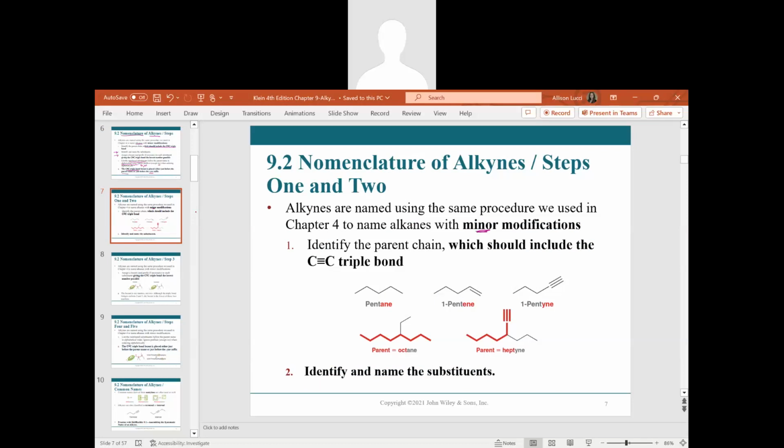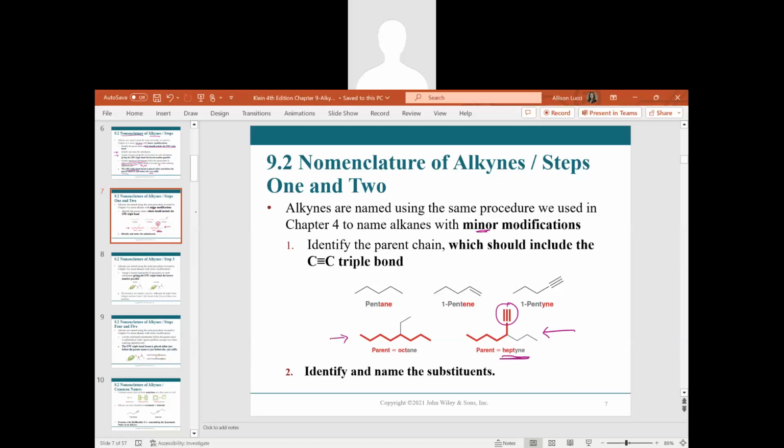So we can see with all single bonds, right, we just look for our longest chain, but when we are trying to name, like over here, an alkyne, we can't just choose the longest hydrocarbon chain, we have to include this triple bond. So this parent would be heptyne.